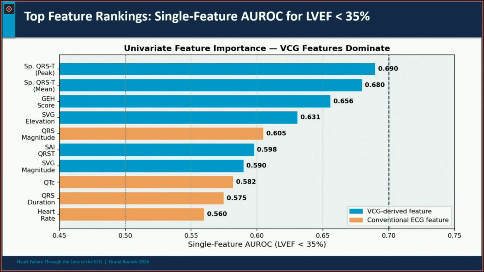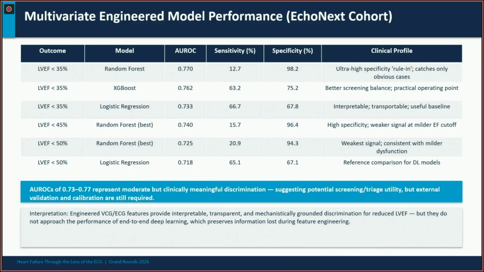This chart shows the performance of our top 10 markers, and we can see that most of the top 10 markers are derived from vectorcardiograms, not from the traditional EKGs. I also did an analysis putting all of the markers together and seeing how they fare together. I used traditional models like random forest and logistic regression to test this.